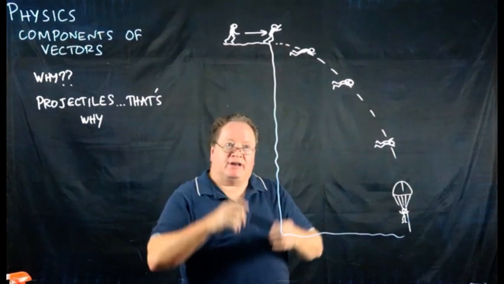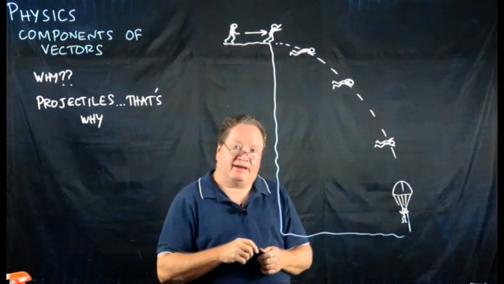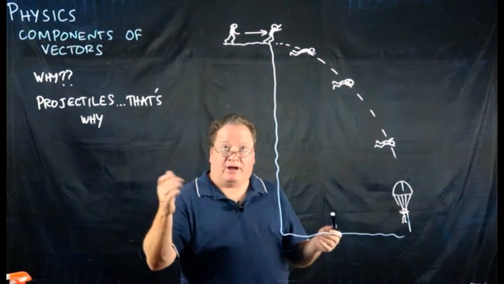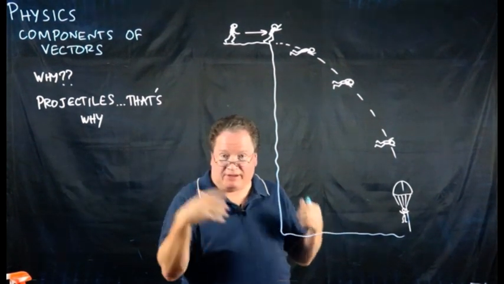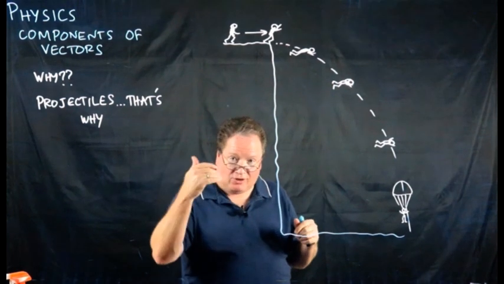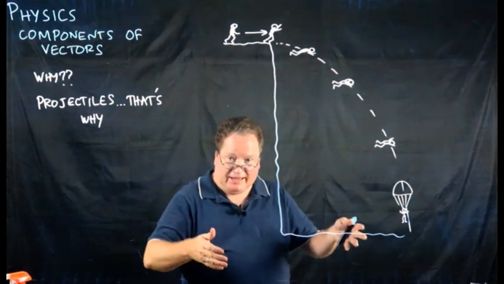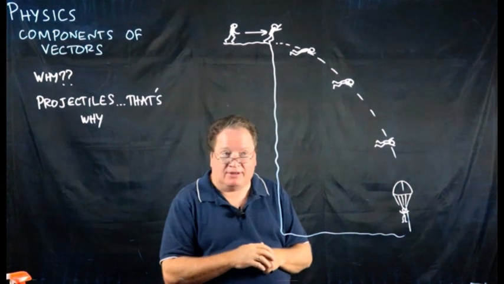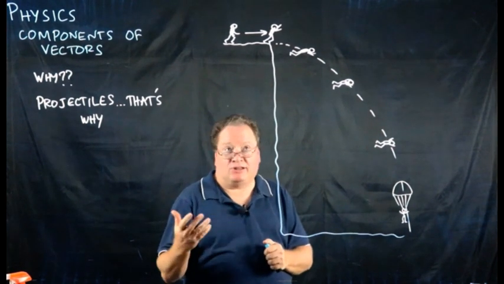So I'm going to do the example of a base jumper. These guys jump off a really tall cliff wearing a parachute, they free fall for a few seconds, and then the parachute comes out and they slowly descend towards the earth.